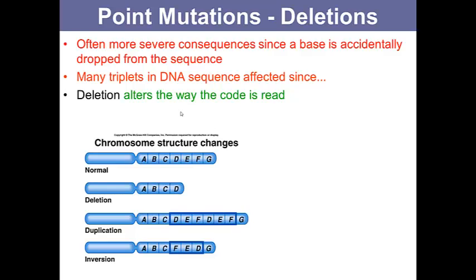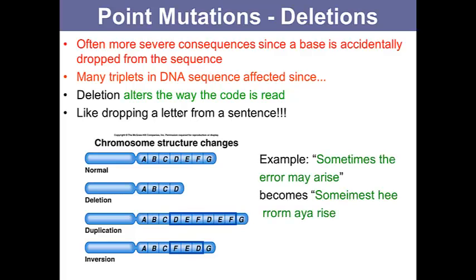So if you skip a letter, you affect everything downstream of that letter. It's like dropping a letter from a sentence. So you can see that it doesn't make sense.